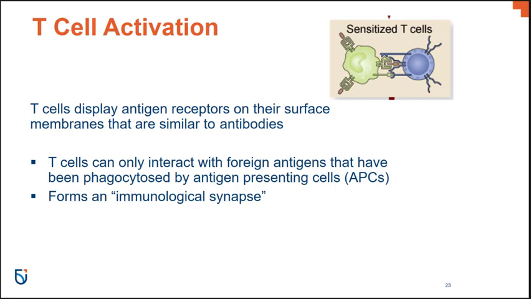The junction between the T cell and the antigen-presenting cell forms a temporary junction called an immunological synapse. You can rewind back to my discussion on B cells and then maybe re-listen to the T cell component so that you can understand the main differences between them.